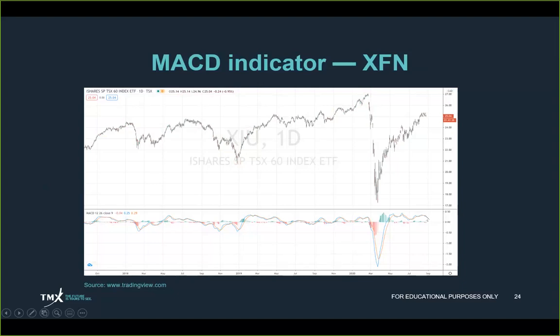So it's another way to really help us identify when a move is potentially coming to an end, and a change in trend is actually a higher probability. The convergence divergence is exactly that. If you've got divergence taking place, you've got higher highs being made on the chart, and you've got lower highs being made on the MACD. Convergence is the other way around.